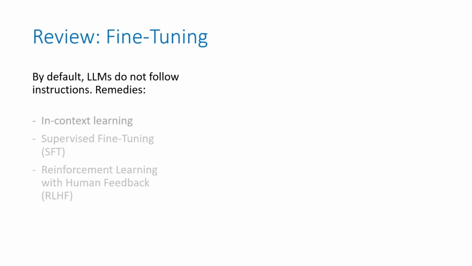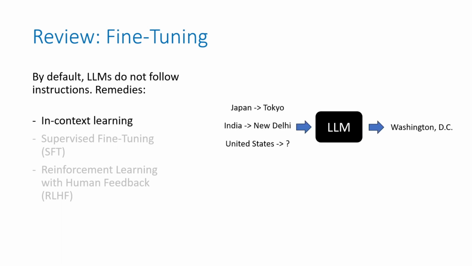A pre-trained LLM does not follow instructions, and it is expected because it has been trained to do next token prediction. However, there are several methods to tune the model to follow instructions and make the model much more useful. The first one is in-context learning. This is when you provide an appropriate prompt, usually showing how a task is done with several examples, and then ask the model to repeat the process for a new example.